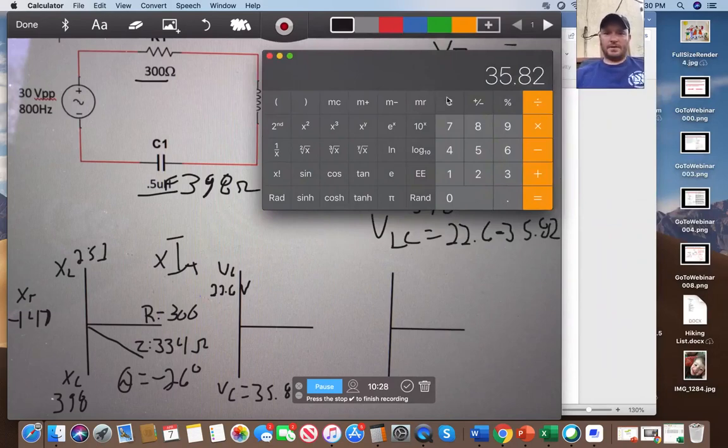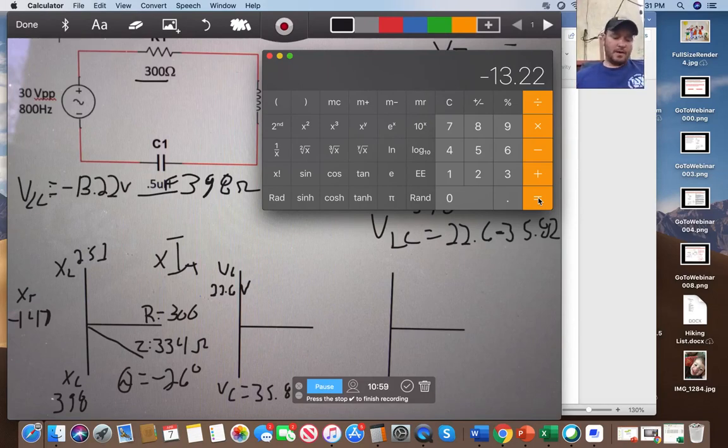Let me just show you this right here. 22.6 minus 35.82 equals, and I'm going to write this over here in the corner, VLC equals negative 13.22 volts.